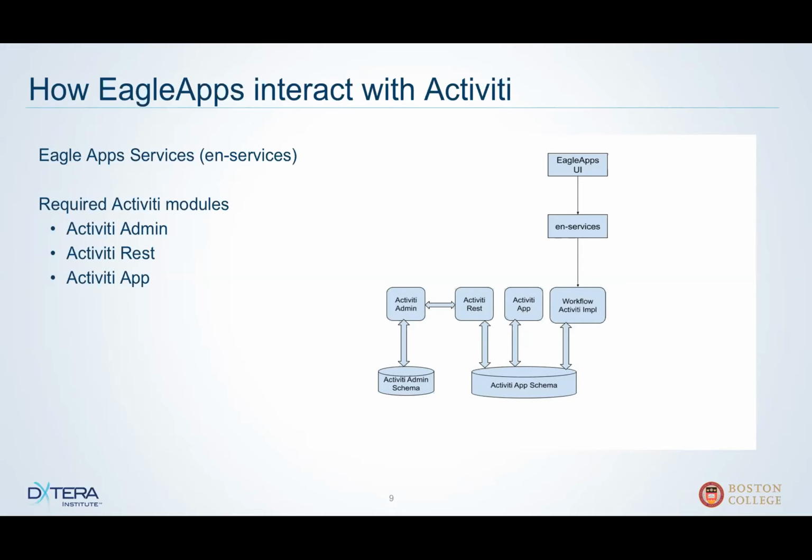Whenever I want to submit work, we'll be sending it to Workflow Activiti Impl, saying submit a course for approval. And how do I track it? I get the results of what is happening in the Activiti database, which is already backed by the Activiti API schema. So we get all the results using the Activiti REST APIs.